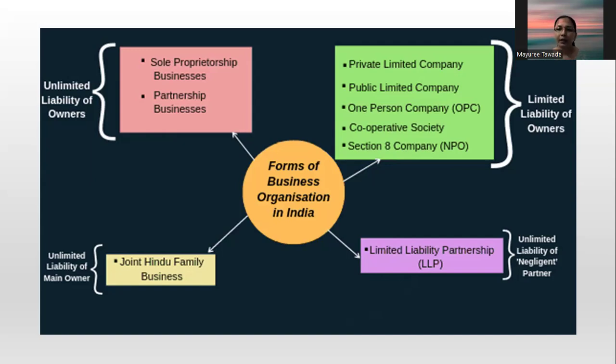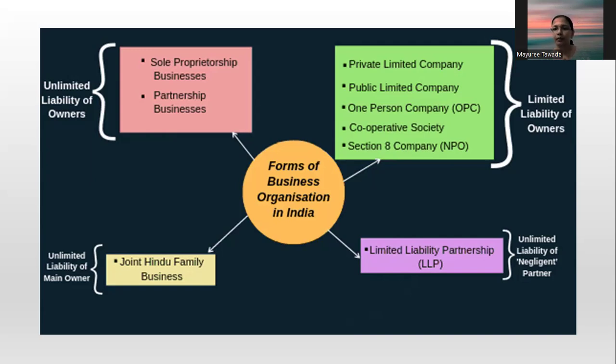Unlimited liability here means the liability is unlimited to the extent of the owner's property or owner's assets, not just business assets. For example, if I am a person who is starting a grocery shop, and somehow I couldn't manage or I couldn't be successful in that business, I am liable personally as well to pay off my creditors.